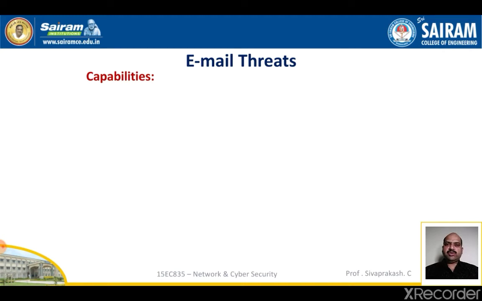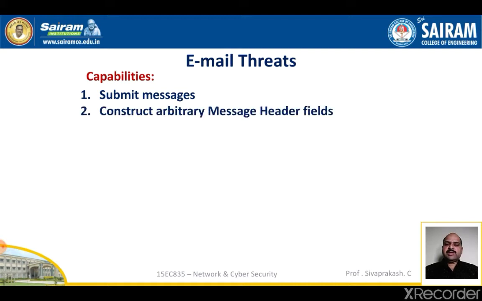Under RFC 4686, there are some 11 capabilities that an attacker might have. The first one, submit messages to MTAs and message submission agents at multiple locations in the internet. Second, construct arbitrary message header fields, including those claiming to be mailing lists, resenders, and other mail agents.